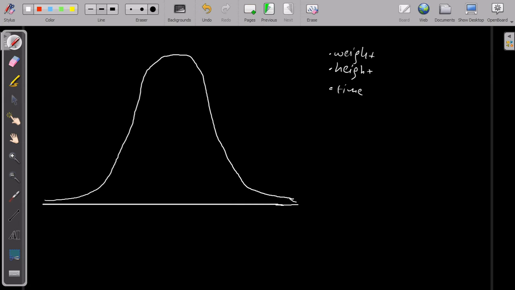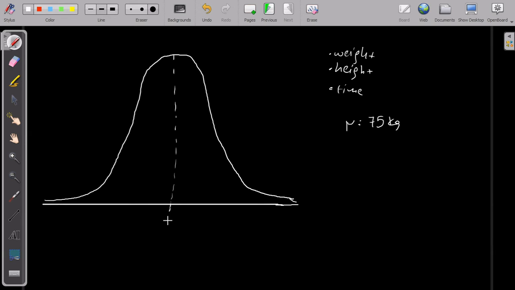Now, let's see some very basic and important properties of the distribution. Let's say that we have male adults. The mean of their weight is 75 kilograms.